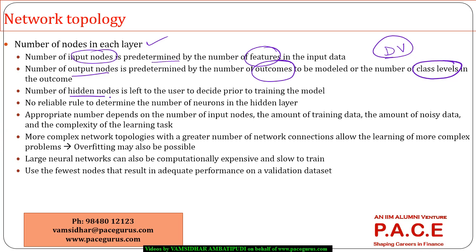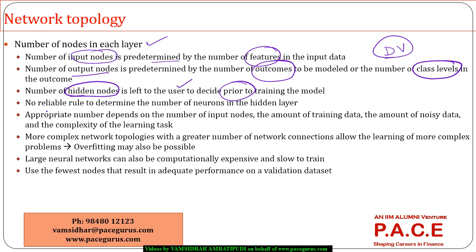Then I can have a number of hidden nodes. They are completely decided by the analyst, the modeler. But before going ahead with training the model itself, I have to decide on how many hidden nodes are to be taken.